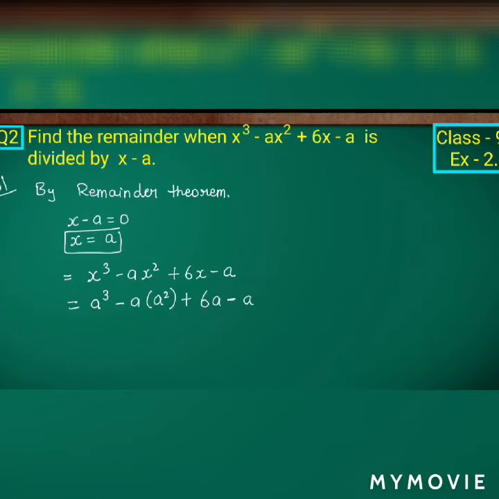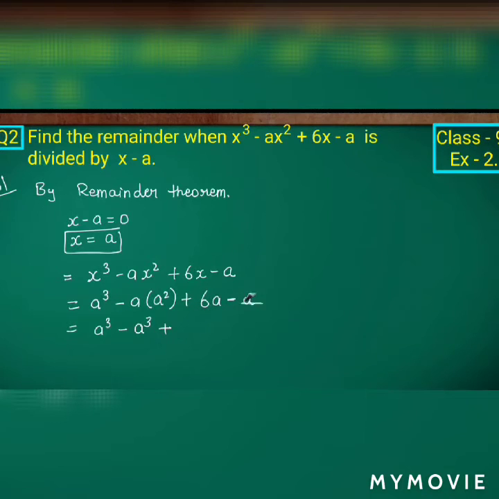Now a cube minus a into a square is what? According to laws of exponents, a power 1 into a power 2 equals a power 1 plus 2. We have already studied that, isn't it? The powers of the same variable, that is the same base, the exponents are going to be added.